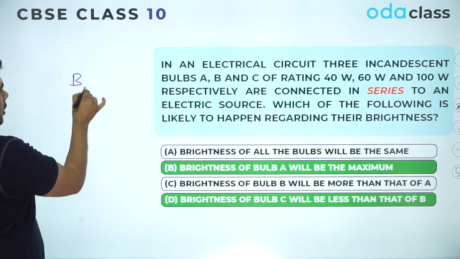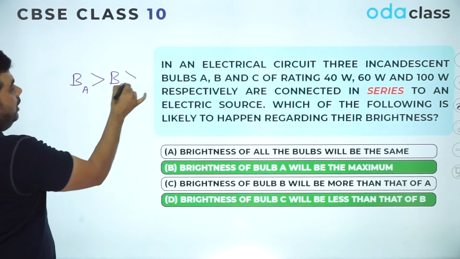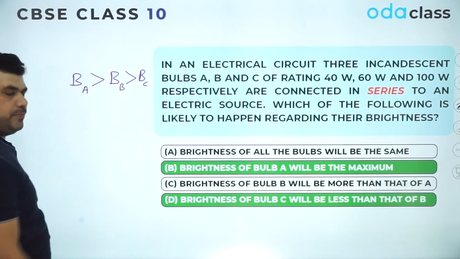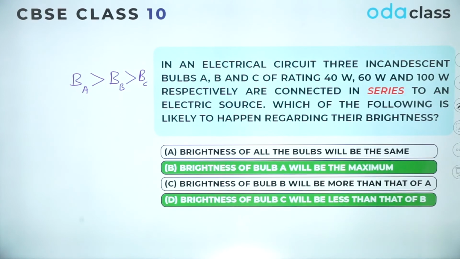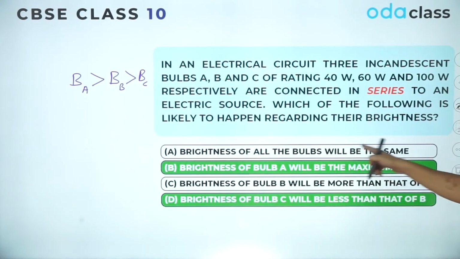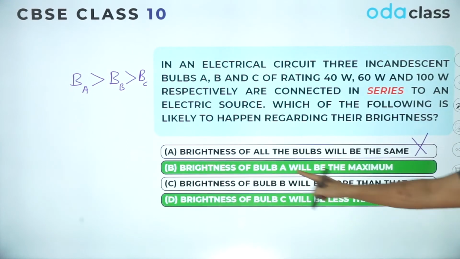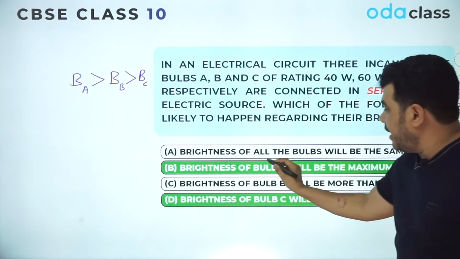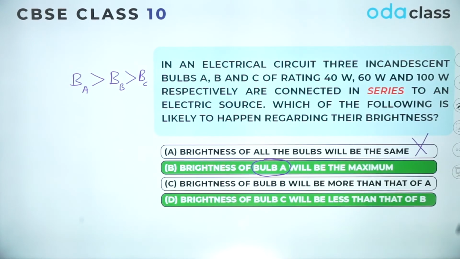So, let's check the options and see which is the correct one here. Let's again write brightness of A, brightness of B, then brightness of C. Now check the answer. As you can see here, brightness of all the bulbs will be the same. No. Brightness of bulb A will be the maximum, obviously. So it's the correct answer. As you can see, it's already highlighted.